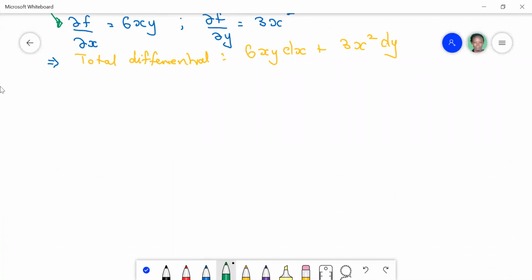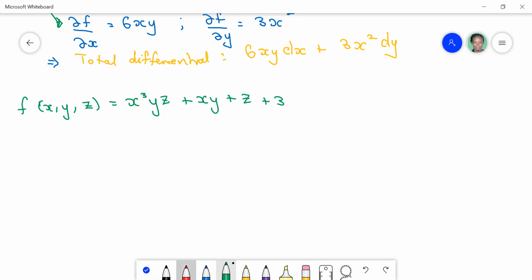I have my function f(x, y, z) equal to x³yz plus xy plus z plus 3, and I want to find the total differential.